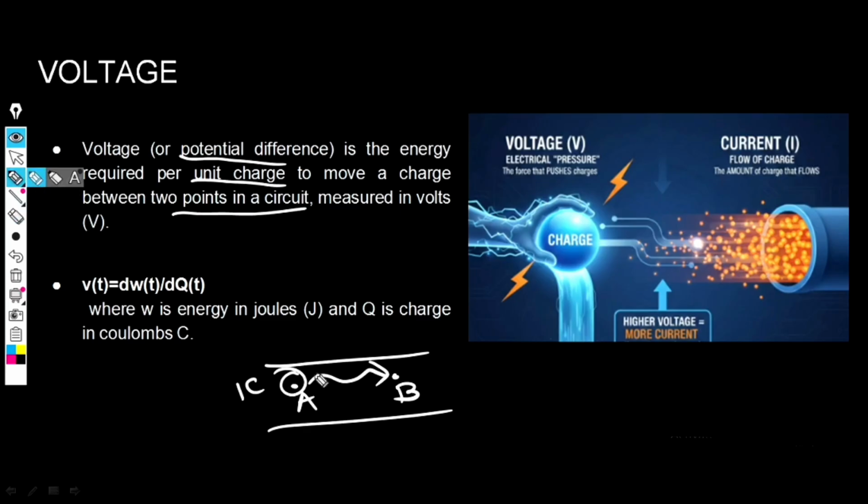So that energy experienced by this particular 1 coulomb of charge, or that energy required to move this 1 coulomb of charge, is nothing but voltage. And if you see here, voltage is given by differentiation of energy expressed in joules with respect to Q, that is nothing but charge in coulomb.